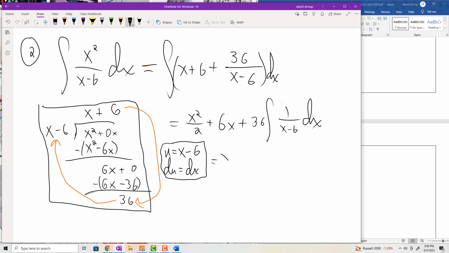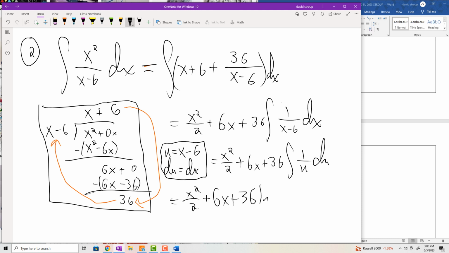But you don't have to do the u sub for simple problems like this. It'll be 1 all over u du. And then, of course, this will be x squared over 2 plus 6x plus 36 ln absolute value of u. Let's see, and then back sub.